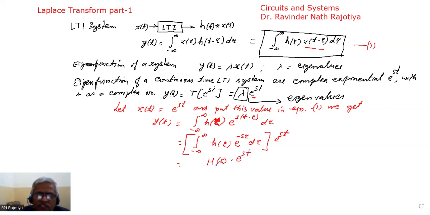So this H(s) is nothing but your lambda.